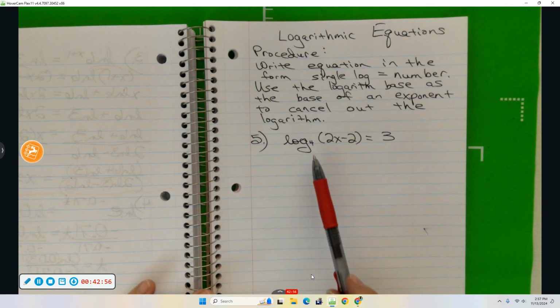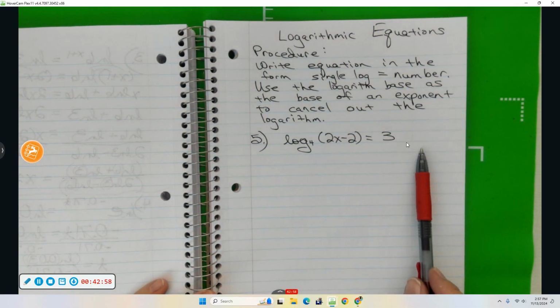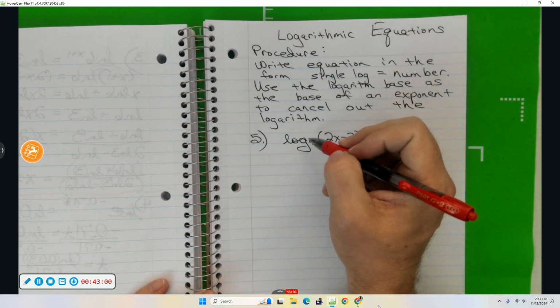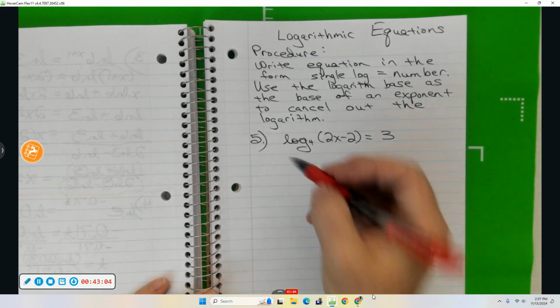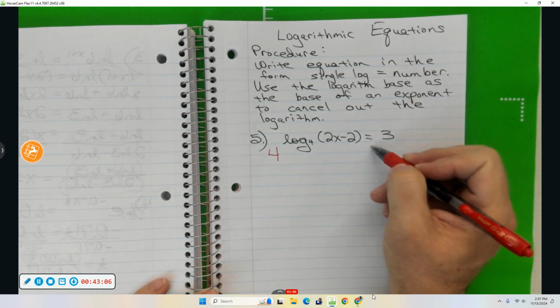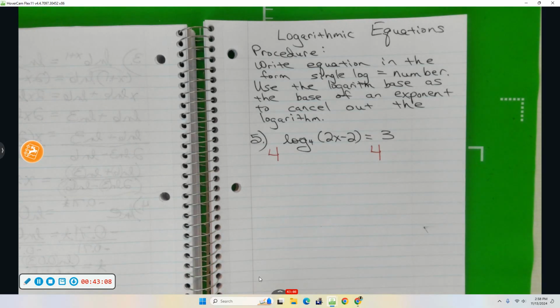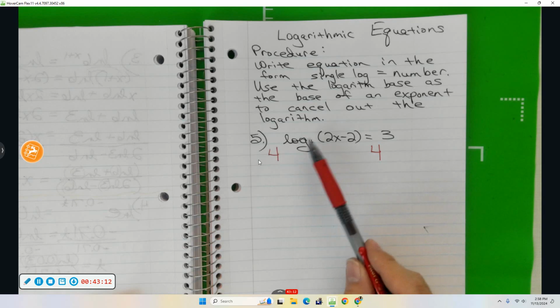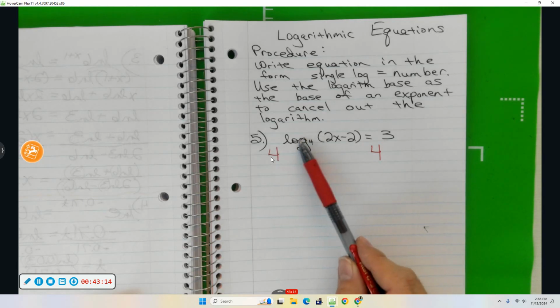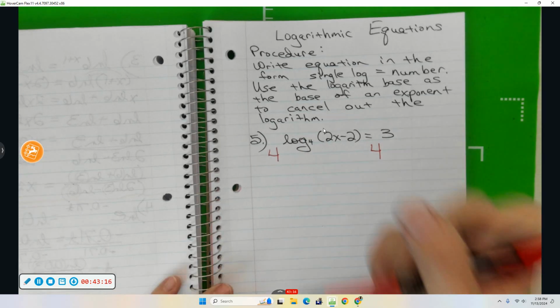Okay, this is in the form we need. Single logarithm equals a number. The base of that logarithm is a 4. We're turning all of that into a power, or into powers. 4 to the log base 4. They're inverse functions, performed consecutively.